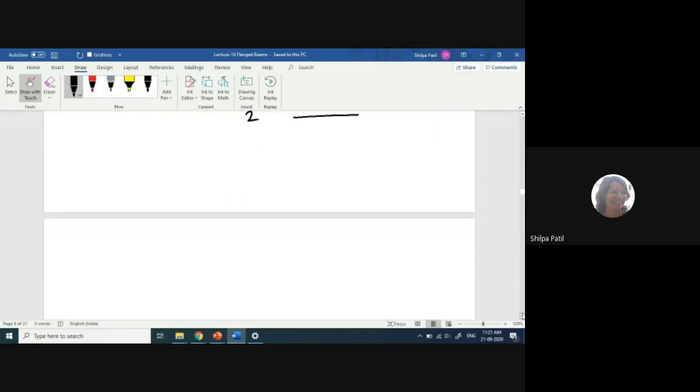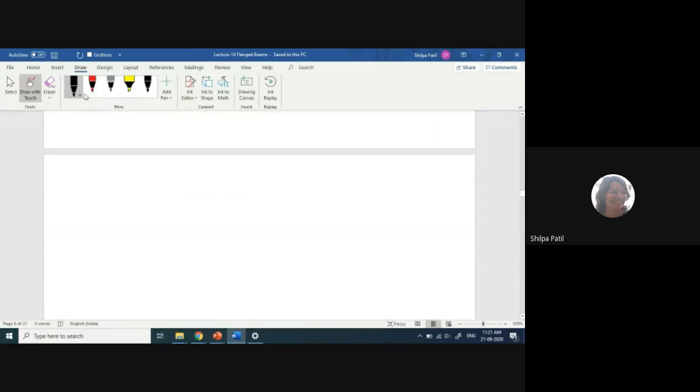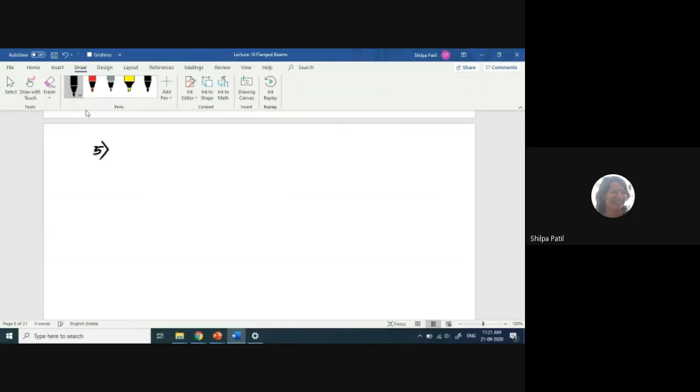I will go to the next page directly. So the next point is calculation of moment capacity.